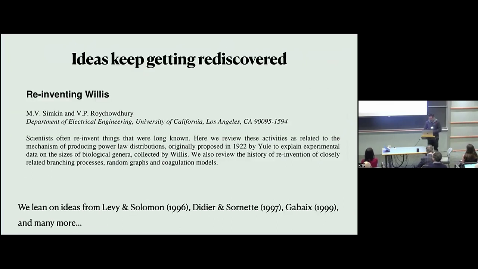There's been a lot of literature on this, and a lot of ideas keep getting rediscovered. This was a very interesting paper where they listed how many times a certain idea had been discovered. One of the examples was Fermi acceleration. They were like, oh, these physicists, they're not aware of this great work by Yule, and they reinvented the same process.